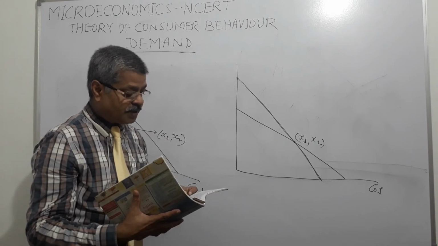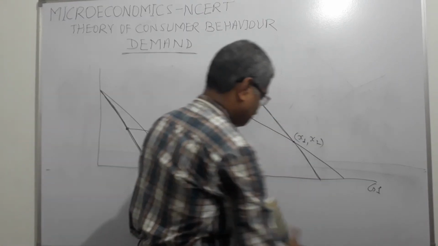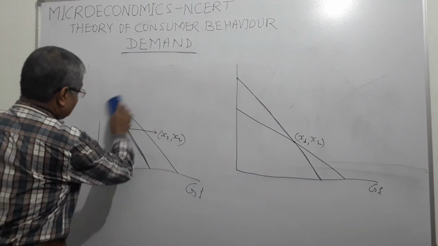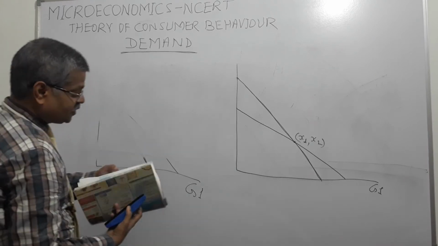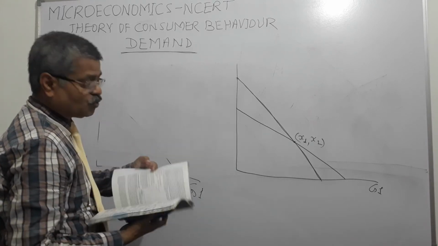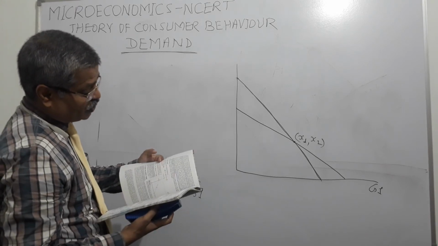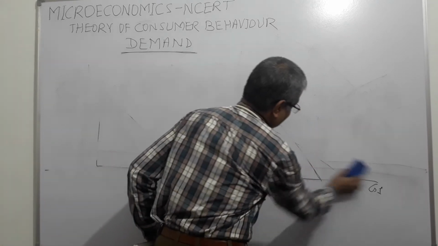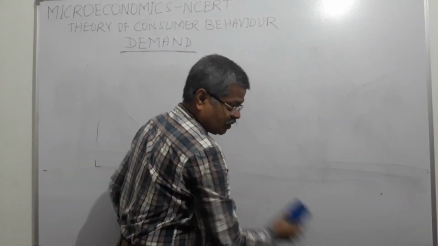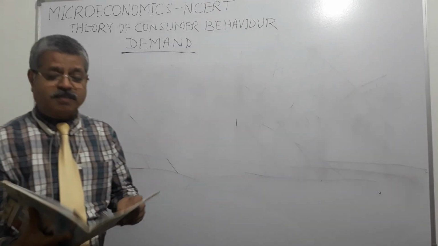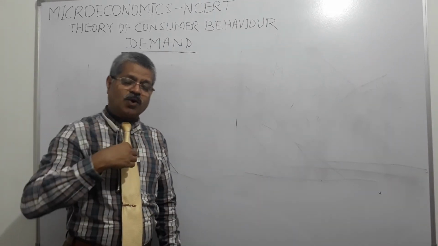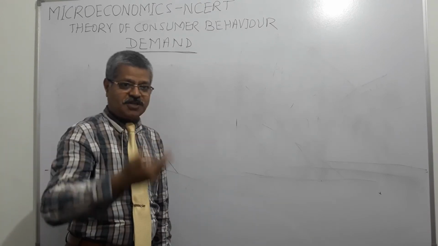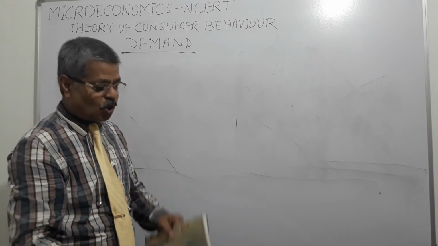However, if the income of the consumer doesn't change, then what happens? Due to the fall in the price of the good, the consumer will experience a rise in purchasing power, right? The consumer's income doesn't change, but due to the fall in the price of good 1, the consumer will experience increased purchasing power because the price has gone down.